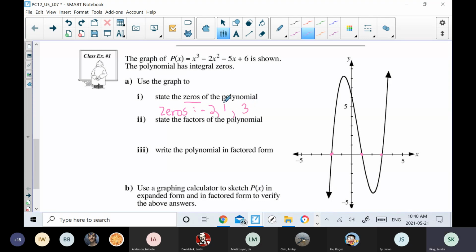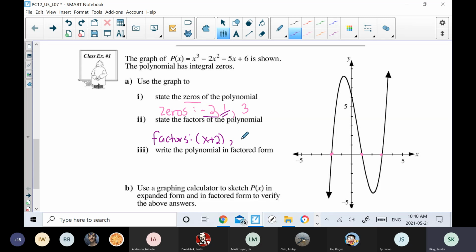Once you have your zeros or your roots, your x-intercepts, you could go directly into your factors. So if I know the zeros, I could state the factors of the polynomial. So in order to get a zero of -2, my factor would be x plus 2. So that guy's going to be a factor.